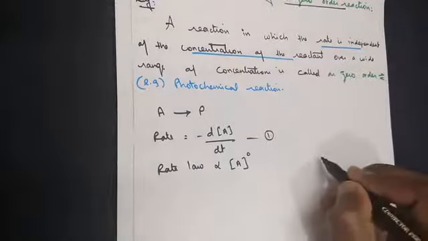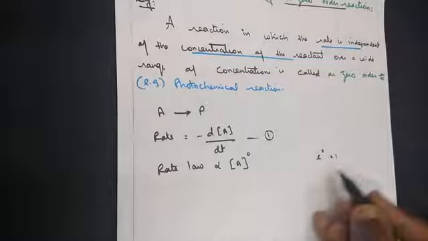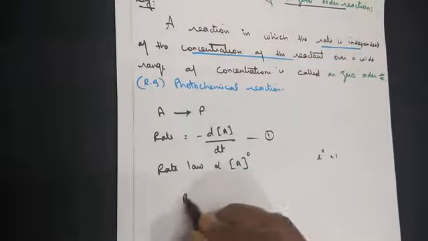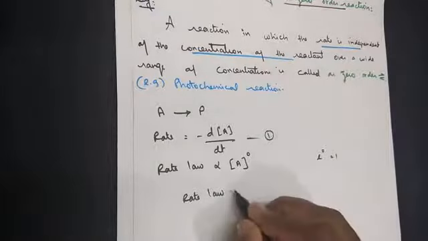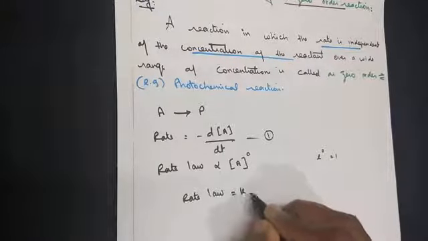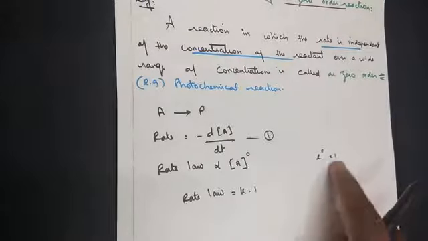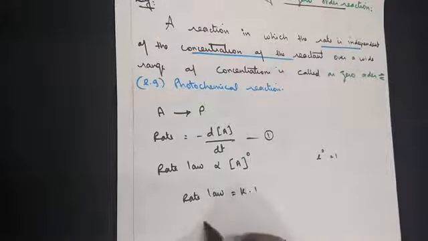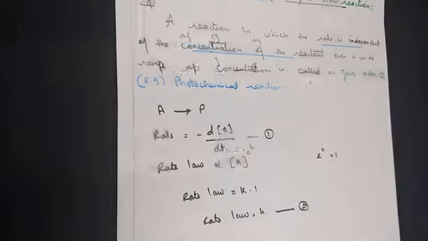And you also know anything that's raised to 0, the value is equal to 1. So if we substitute here in the rate law, the proportionality sign can be replaced with a constant. So K into 1, where 1 stands for A to the power 0 equals 1. So we can write rate law is equal to K. Let this be equation 2.